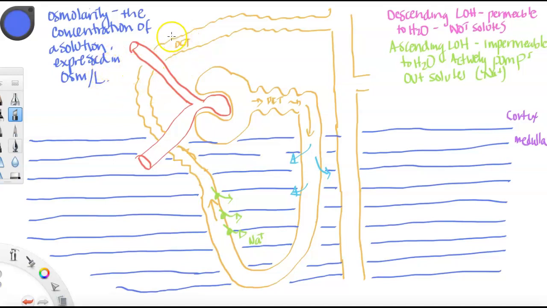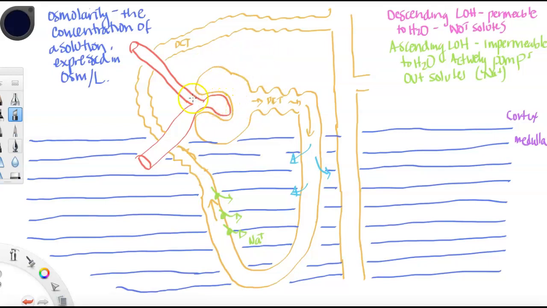Okay. So in the cortex, where the glomerulus is and the Bowman's capsule, proximal convoluted tubule, and then of course the interstitial fluid and area around it, the osmolarity is about 300. It's like 270, but we'll round it up to 300. And the osmolarity is isoosmotic in all of these areas.